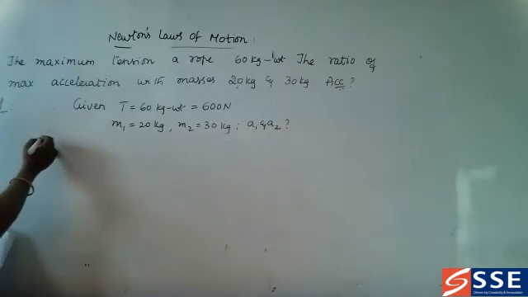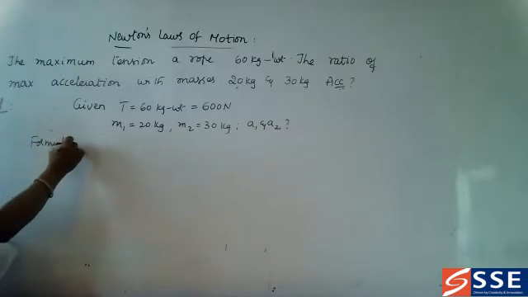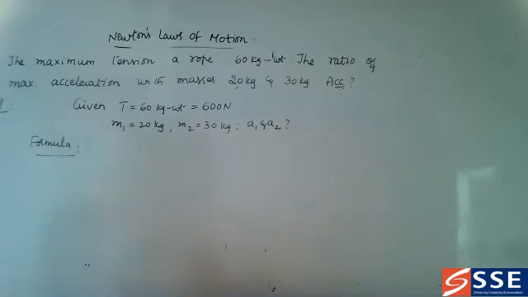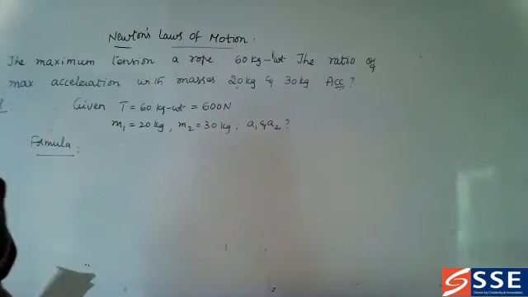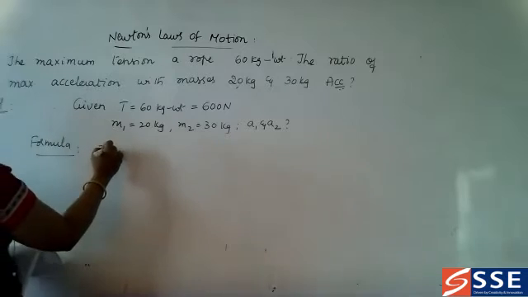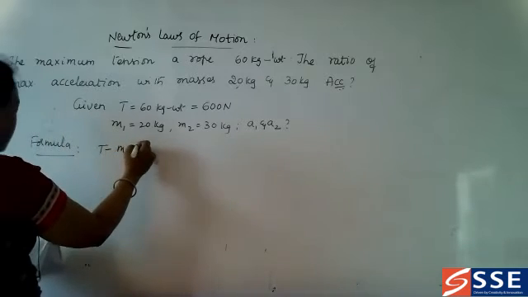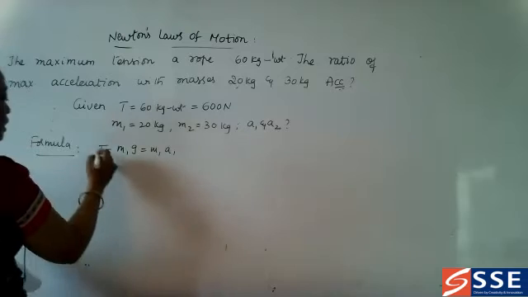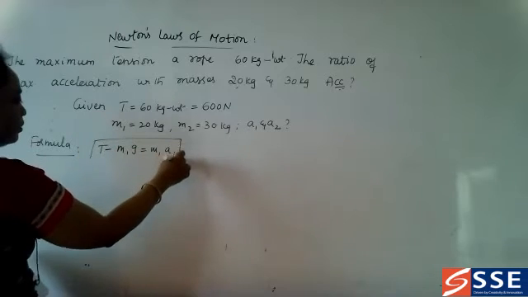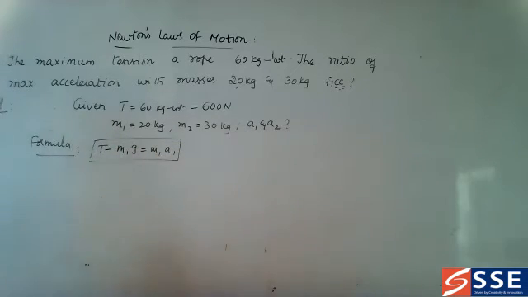So what is the formula that you are going to use? Do you know, ma? When tension and masses are given, to find the acceleration, T minus m1 g is equal to m1 into a1. So this is the formula for finding acceleration.